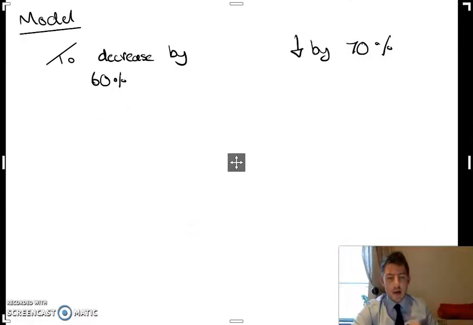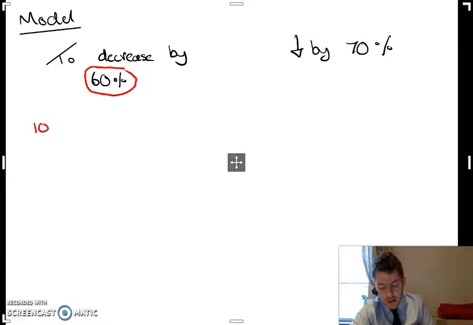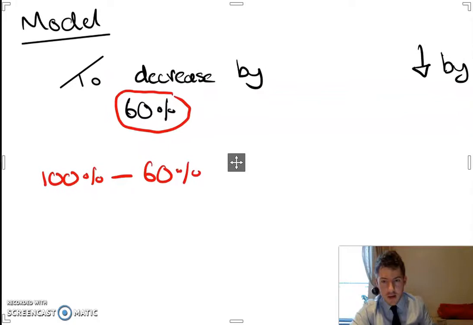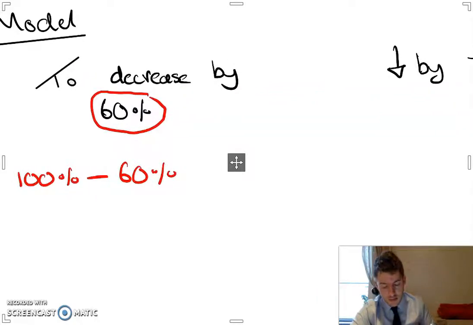Okay, model. How do we decrease by 60%? Well, we're not multiplying it by this. We're going to do 100%. We want to decrease it by 60%, and that's going to equal 40%.